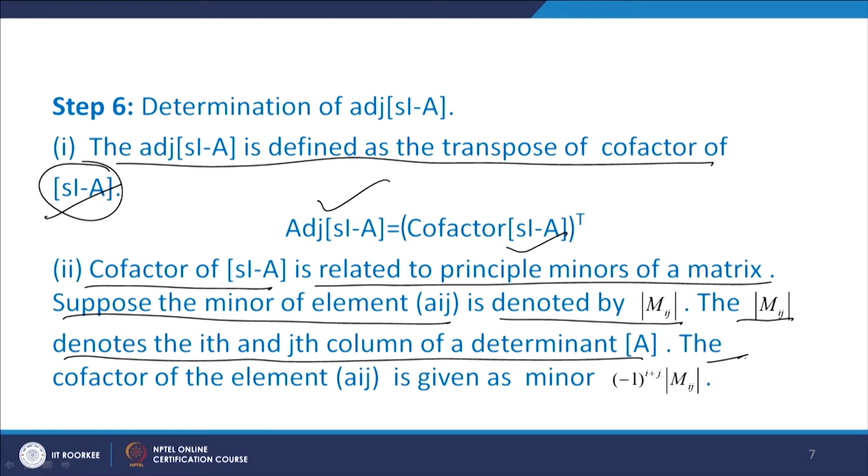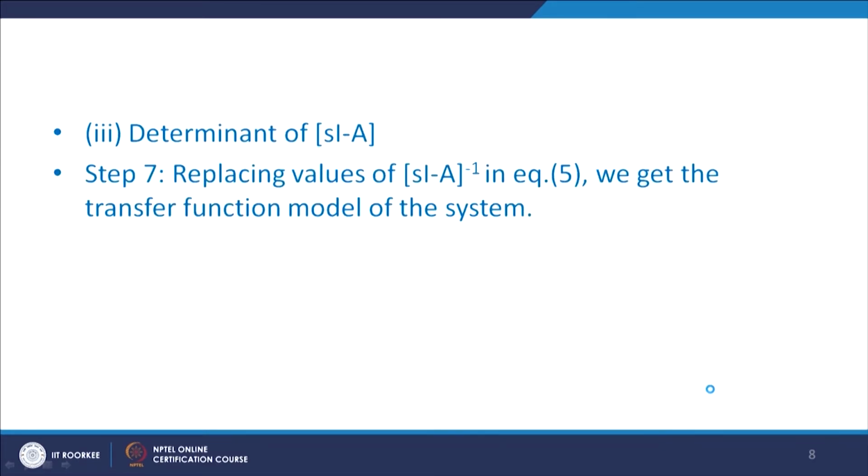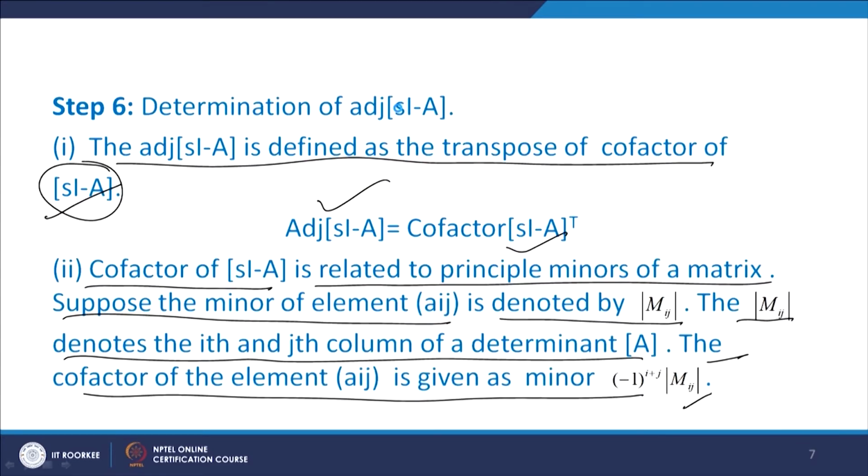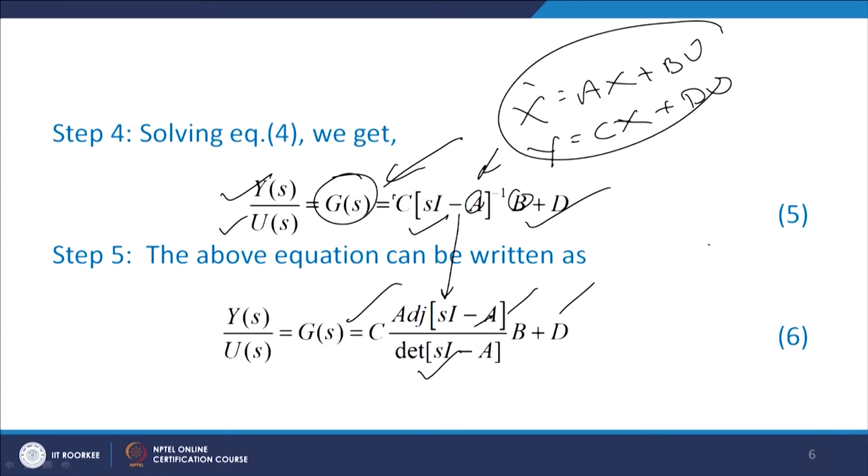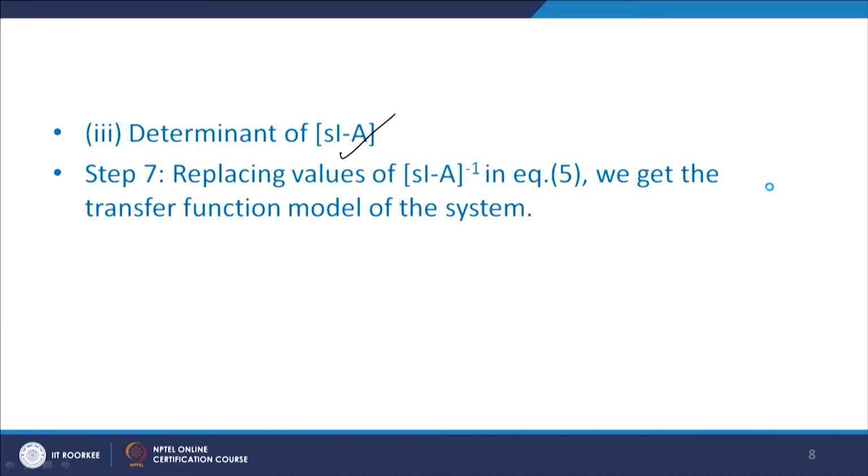The cofactor of the element a_ij is given as (minus 1) raised to i plus j times m_ij. Then we have to calculate the determinant of (sI minus A), and finally, the last step, replacing the value of (sI minus A) inverse in equation 5. If you see, we have shown equation 5, we get the transfer function model of the system.